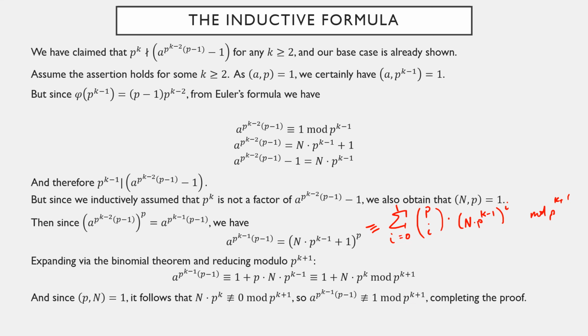In other words, p to the k plus 1 is not a factor of a to the p to the k minus 1 times p minus 1, minus 1, which is exactly the next thing we would have had to prove for our inductive argument. So inductively, we have now shown that this always holds. P to the k is never a factor of all of this for any k of 2 or larger, under the assumption that a was a primitive root modulo p and also p squared.